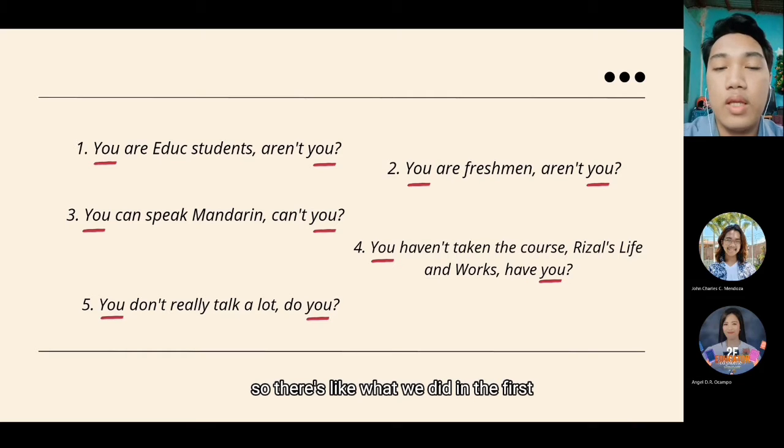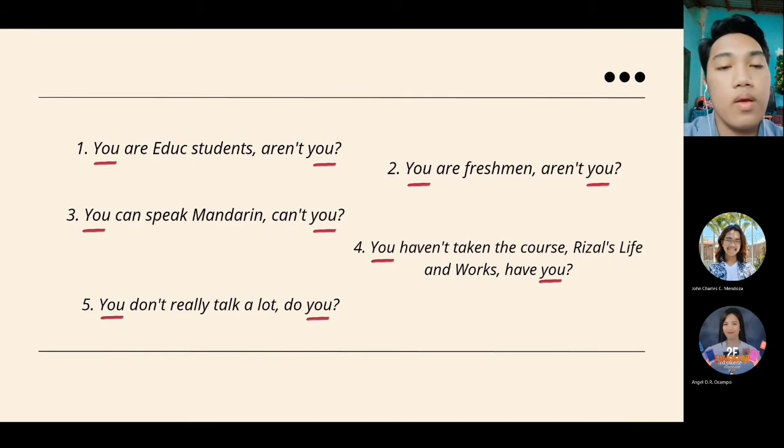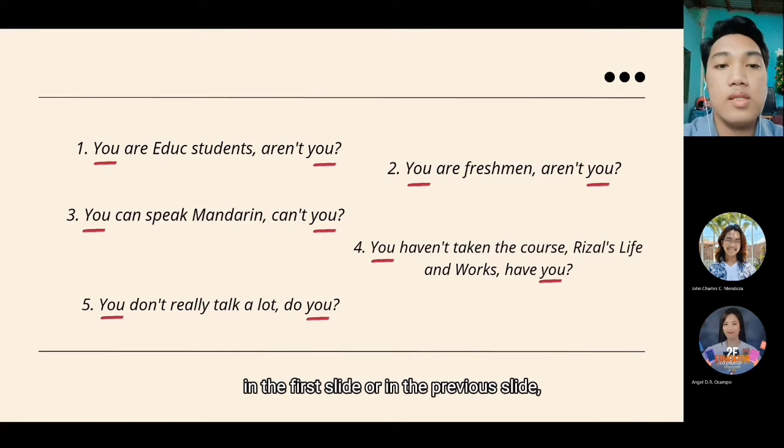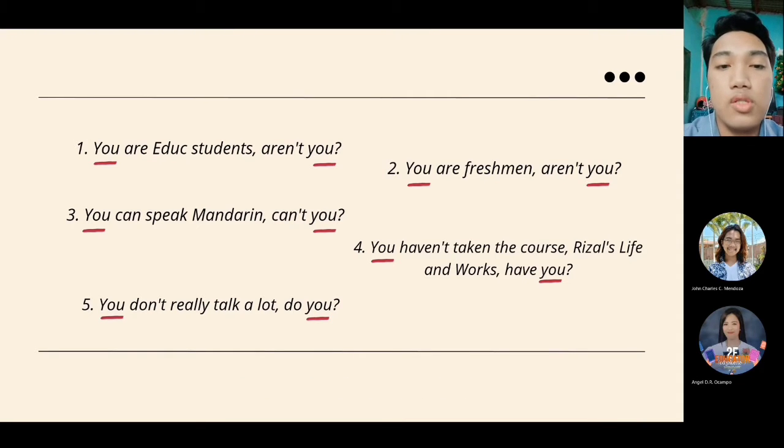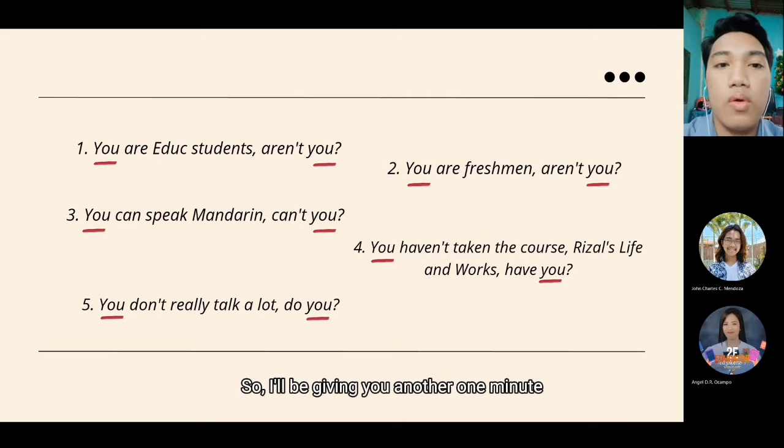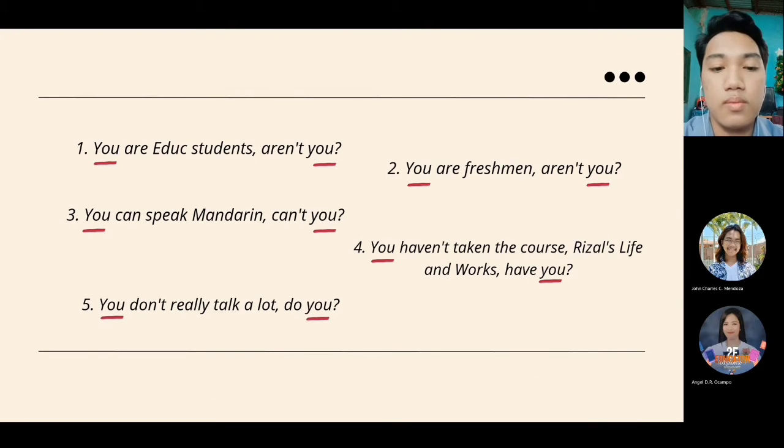Just like what we did in the previous slides, observe this set of questions closely. Try to see patterns or induce a rule that is present in this set of questions. I'll be giving you another 1 minute to observe, to reflect, to analyze what are the rules present in this set of questions.